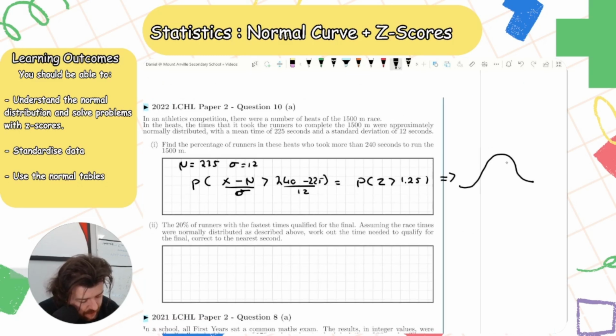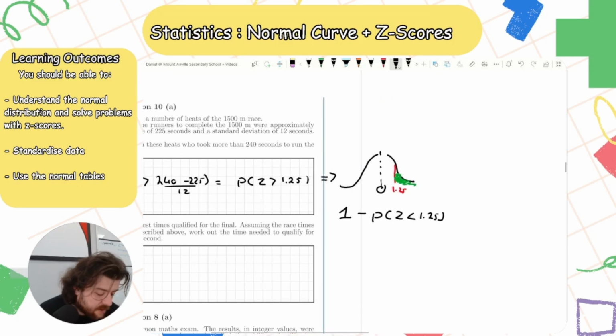Sketch it out. There's 0. This is 1.25 roughly. I'm looking for the area above it here. And we know this will just be equal to 1 minus the probability that z is less than 1.25. Put that in a calculator.